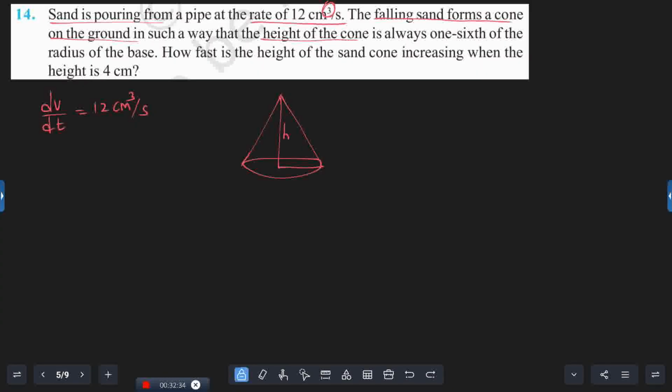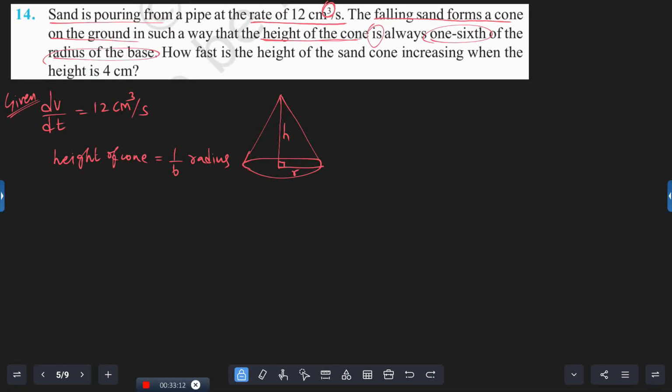And a condition is given: the height of the cone, which I have mentioned here as h, is always 1/6, 1 divided by 6, of the radius of the base. 1/6 of the radius. You have to write 1/6 of radius. Right.